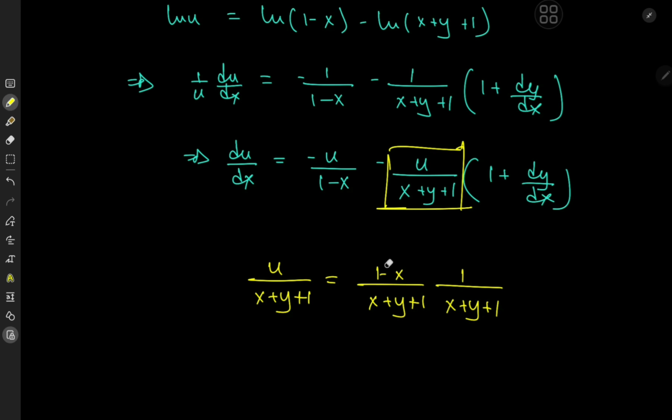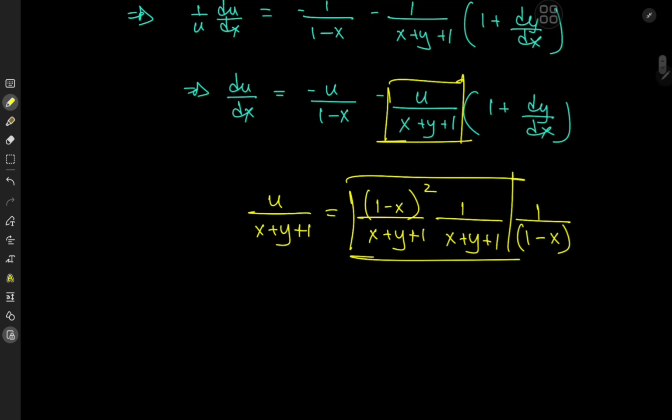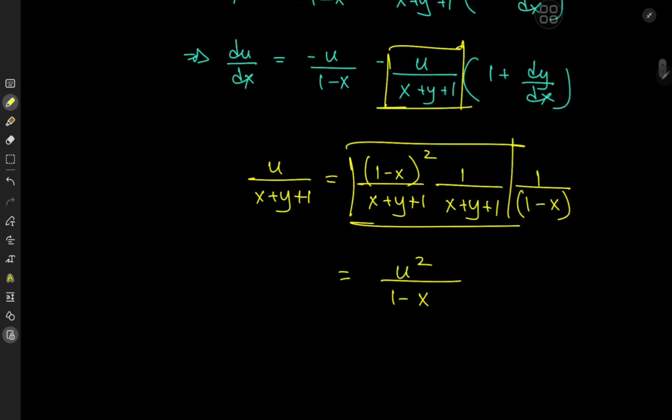Now, what if I were to expand using 1 - x? So I already have a 1 - x term, so let's square that one. And we have 1/(1 - x) over here. Now, what you have here is the square of the u variable. So that means we have u squared divided by (1 - x), which is pretty cool because it's a lot similar to the first term we have on the right-hand side.